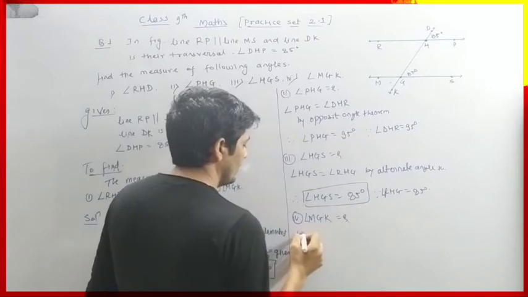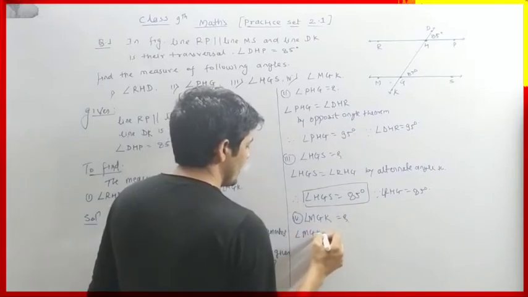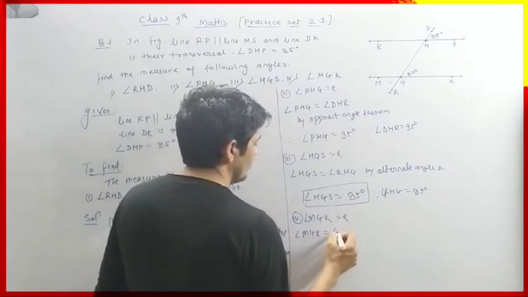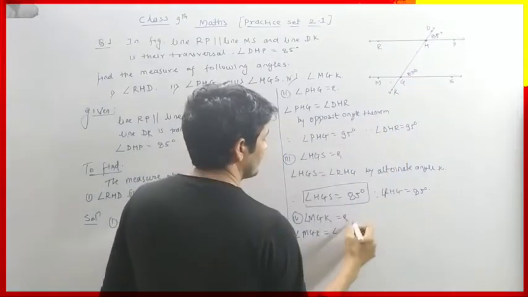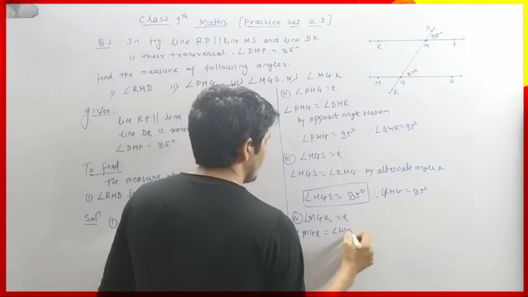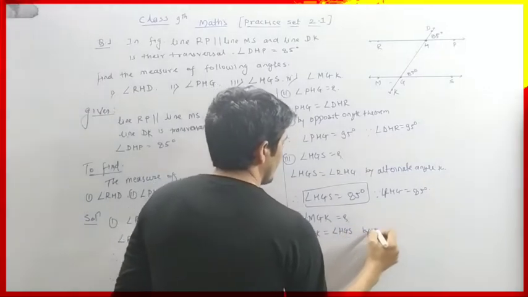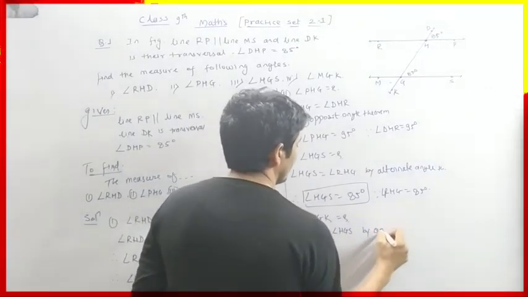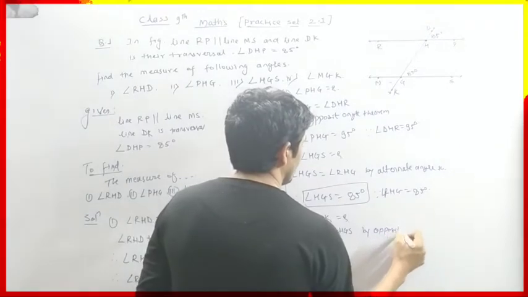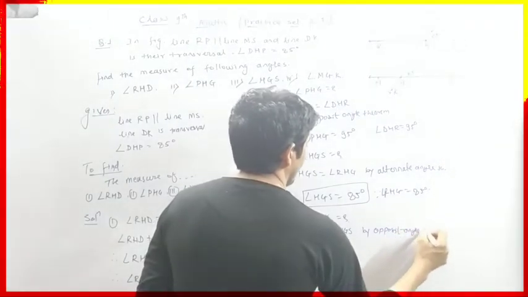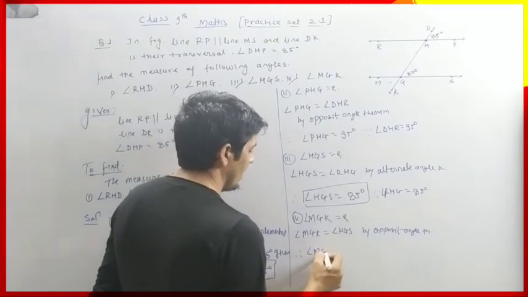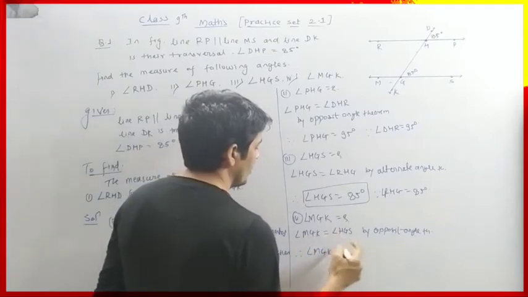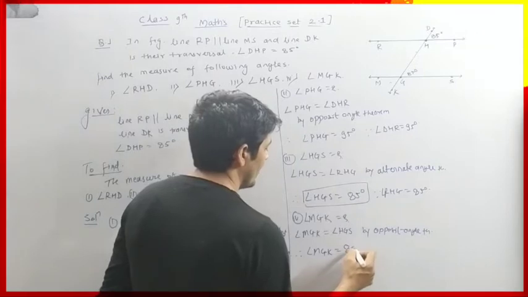So angle MGK is equal to angle, which angle? HGS, by the opposite angle theorem. Therefore angle MGK is also equal to 85 degrees.